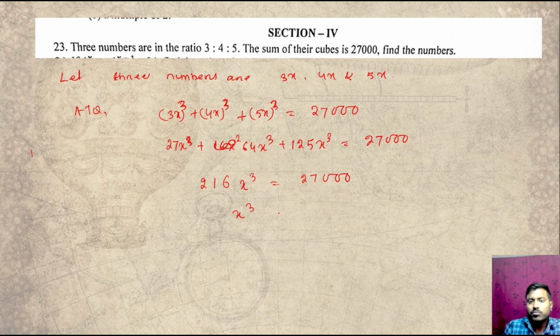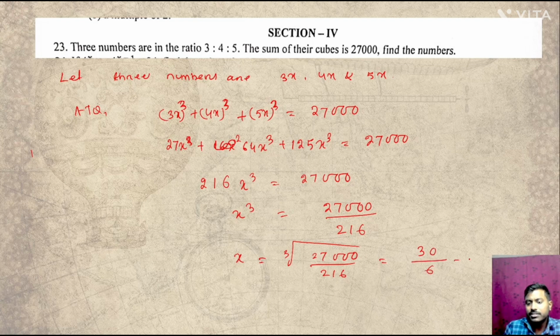Now x cube is equal to 27000 divided by 216. Now cancel. x equal to the cube root of 27000 divided by 216, that is 30 divided by 6, that is 5. Okay, x equal to 5.